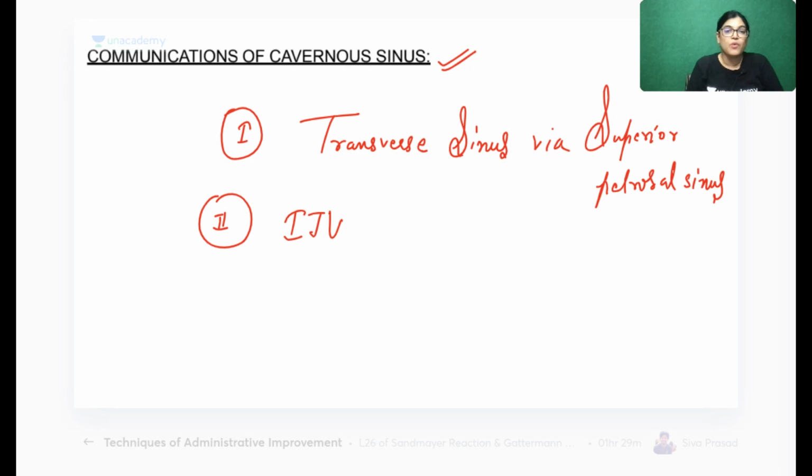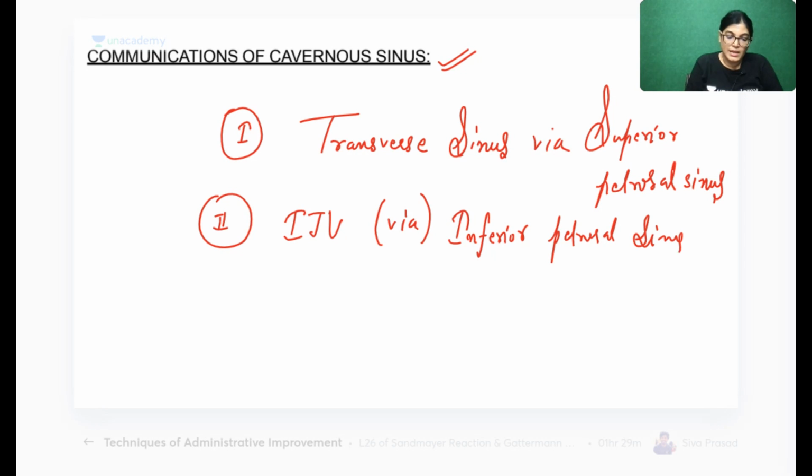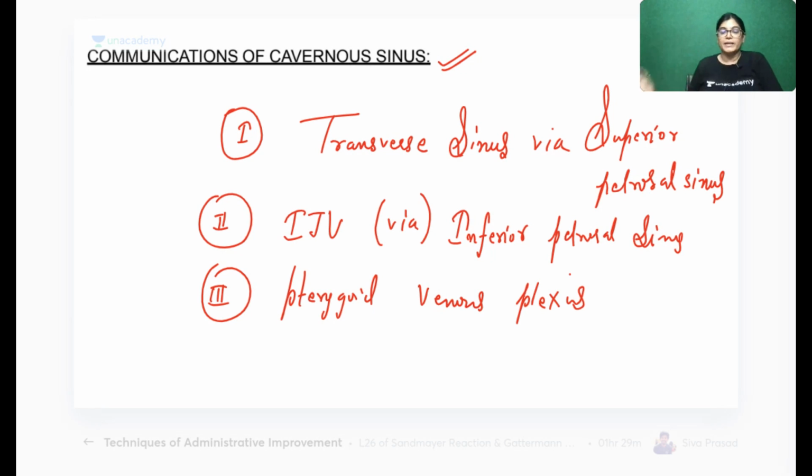It also forms communication with internal jugular vein via inferior petrosal sinus. It also forms communication with pterygoid venous plexus, and this communication is possible via emissary veins.